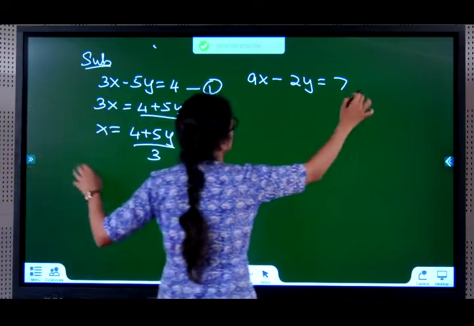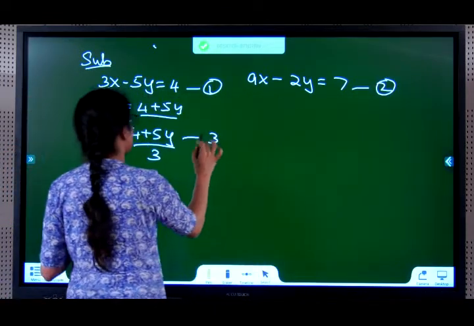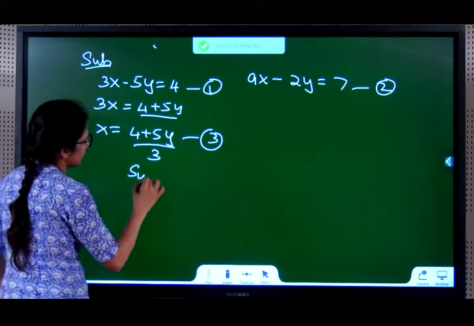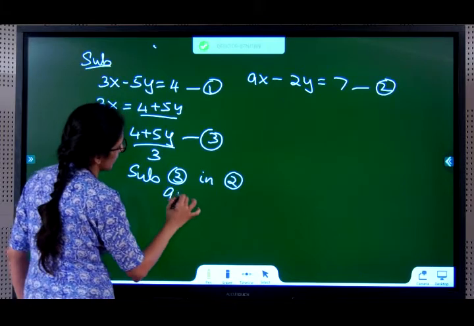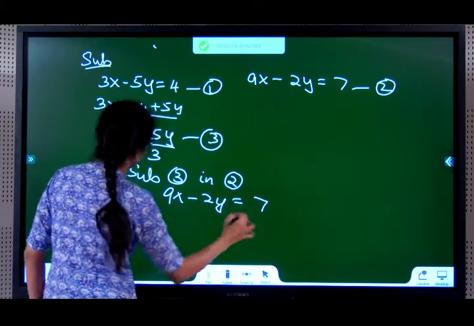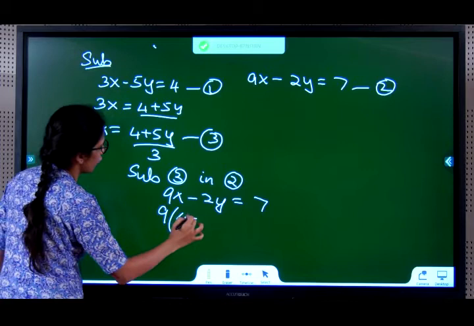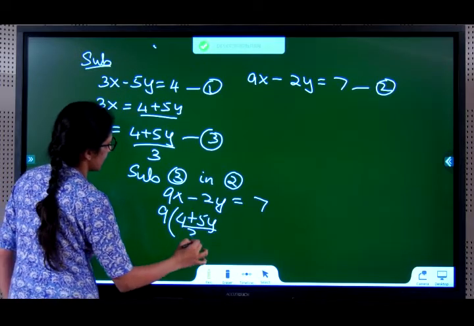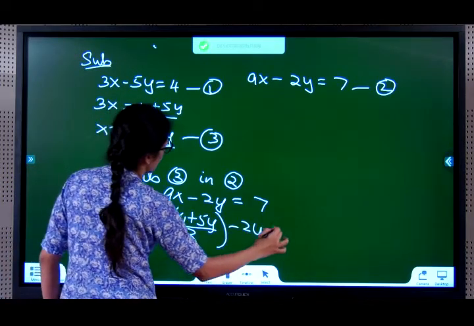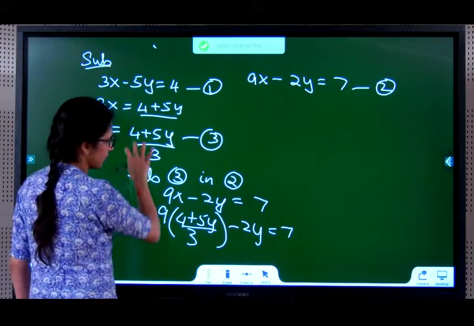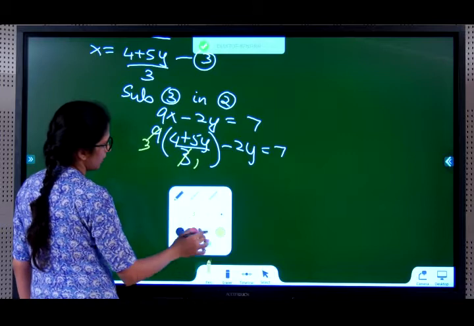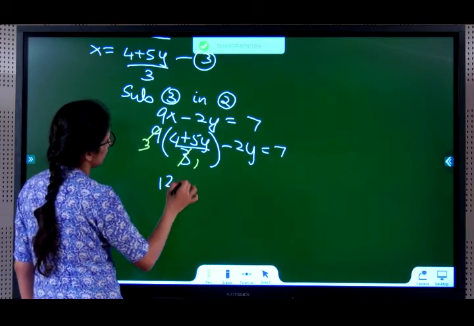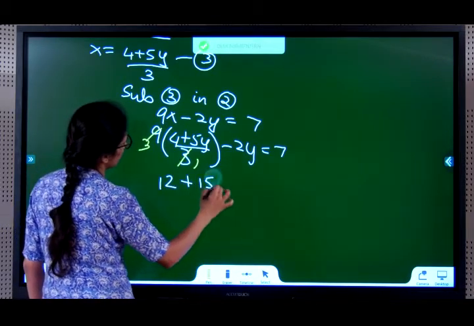Call this equation 3. Substituting 3 in 2. 9x minus 2y is equal to 7. 9 into 4 plus 5y by 3 minus 2y is equal to 7. 3 fours are 12. 3 fives are 15.